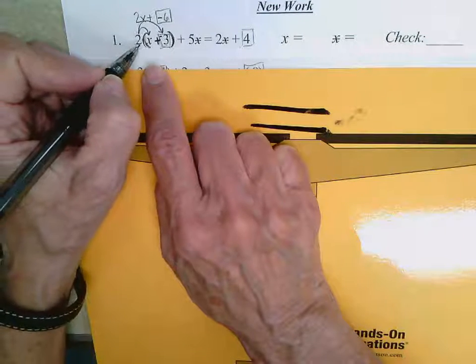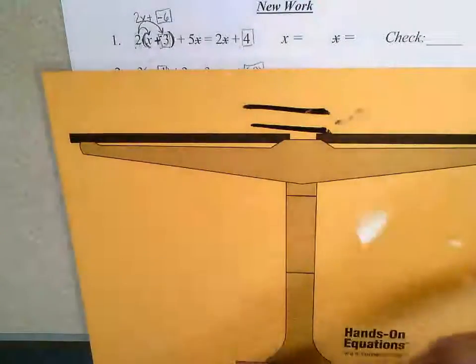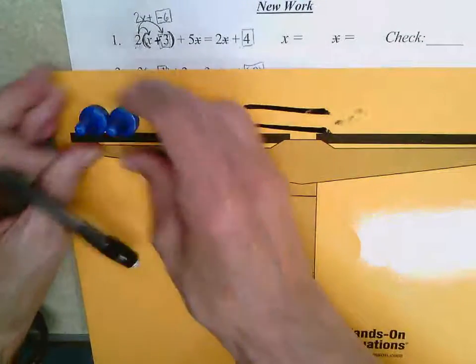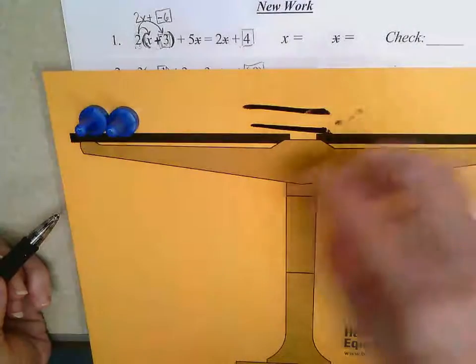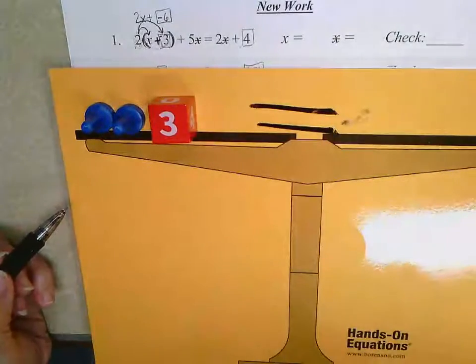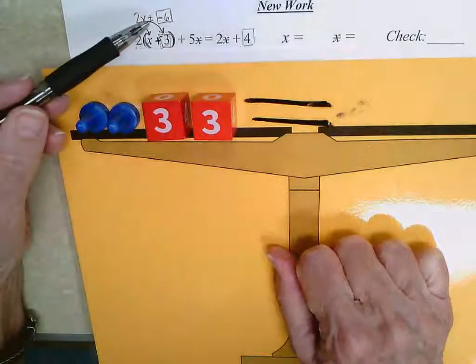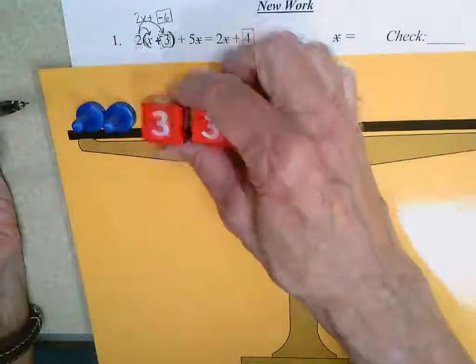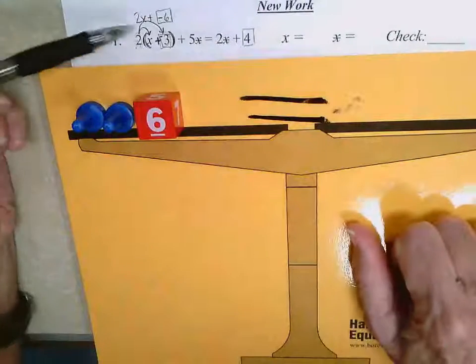You can certainly think of it as making 2 groups of this, and you can show that simply by putting your 2 blue pawns, and you can even put, oh, these are negatives, 2 negative 3s there. That does make negative 6. So you can put negative 3 there, you can put negative 6, whatever you want.